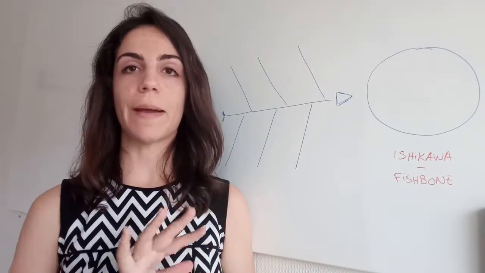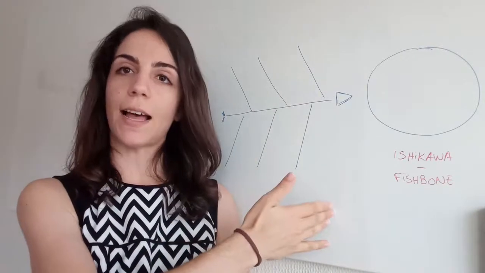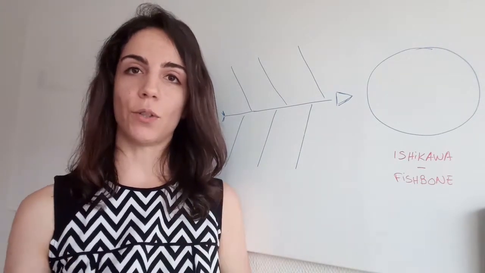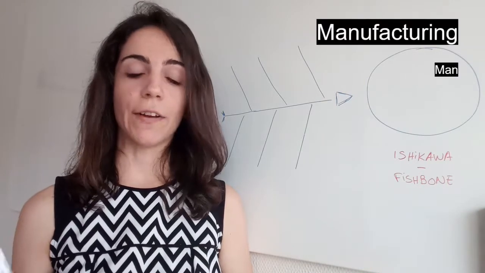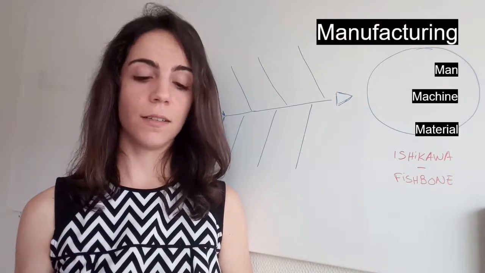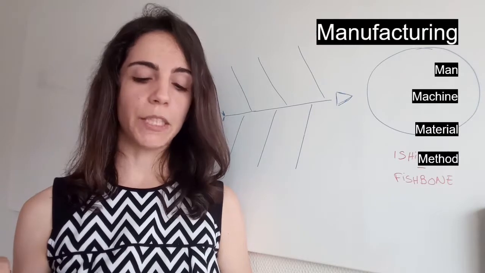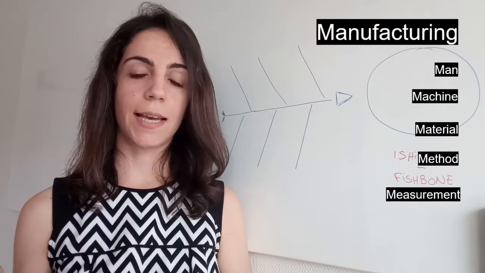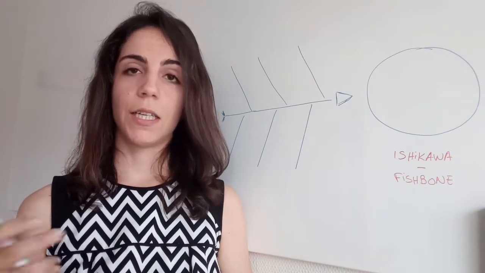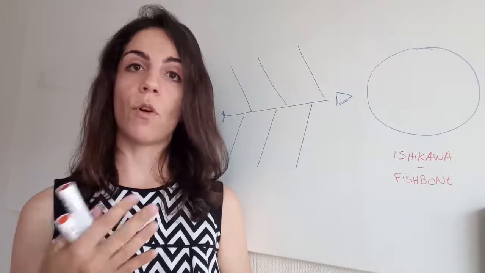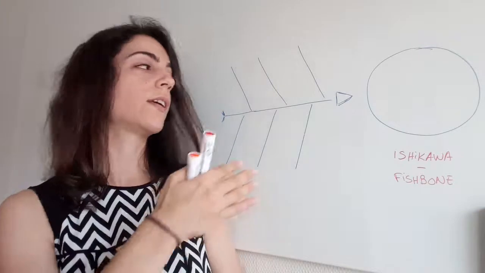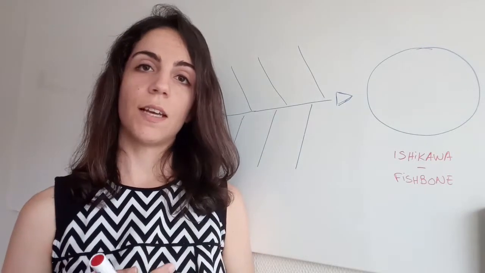Originally, this is used in manufacturing, and originally they already have a certain set of potential causes for you to explore. In manufacturing, you have man, machine, material, method, and measurement. If you adapt this for marketing, you might have more than these, and you can have more ramifications.